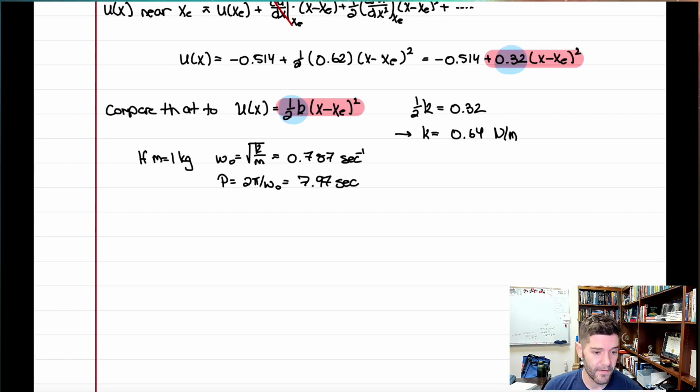So given this potential form, as long as you're sufficiently close to that trough, you would expect things to oscillate back and forth with a period of about 8 seconds.